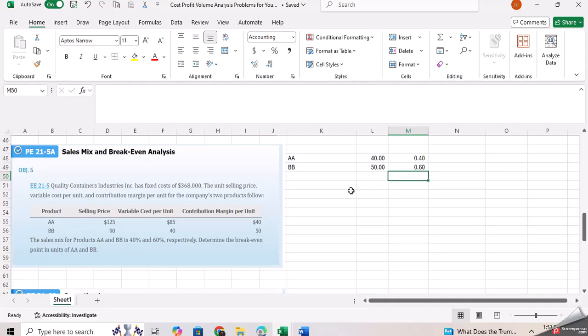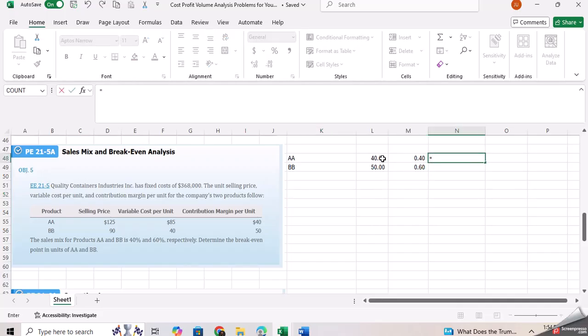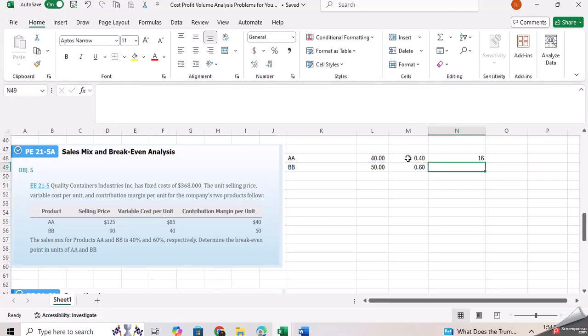Okay, so we've got our total fixed costs. So we'd have a $16 contribution margin if we're doing 40% of those, and a $30 one, 60% of those. So that is $46 total.